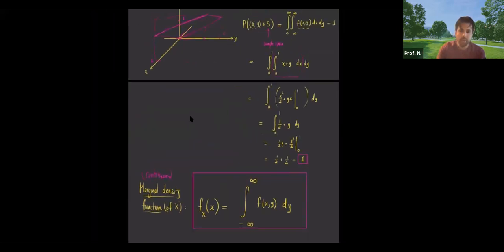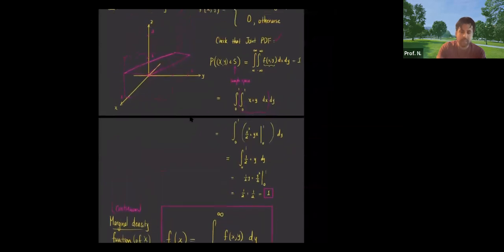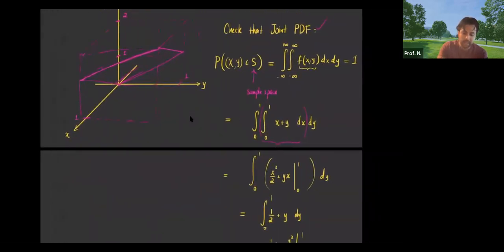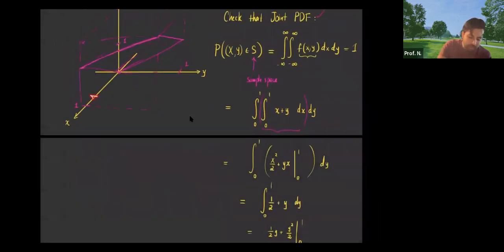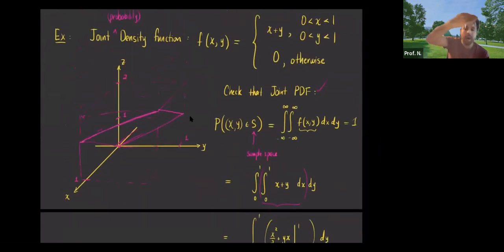So it's going back to this, okay? What we're doing is fixing an X value, whatever that X value is, and ranging through all the Y values. So what we get is a slice of this graph in this direction, parallel to the Y axis.